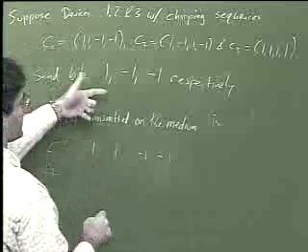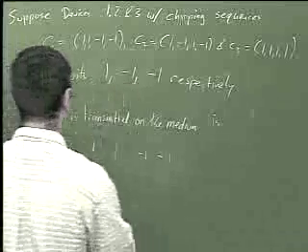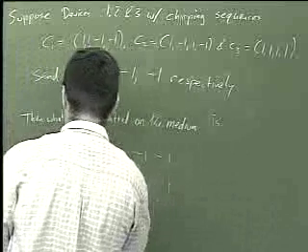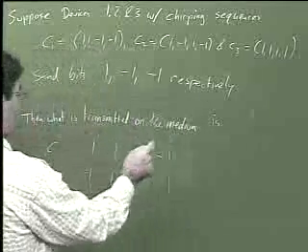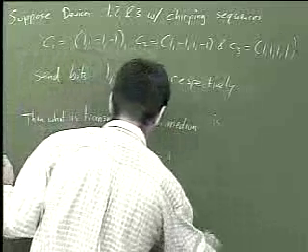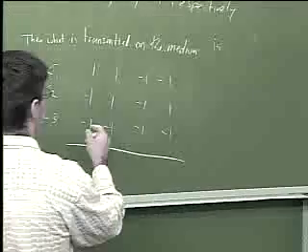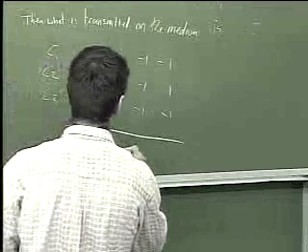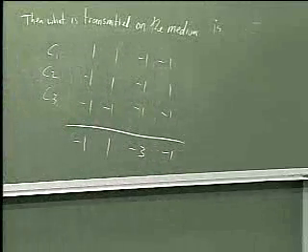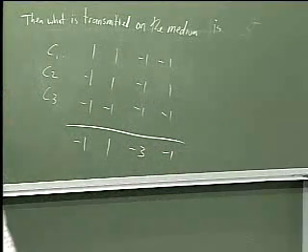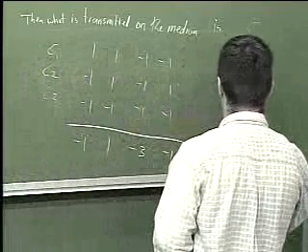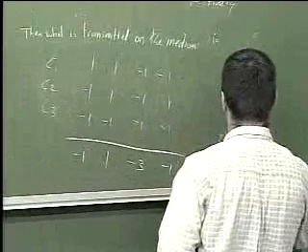C2 is going to send the negated value of its chirping sequence, minus 1, 1, minus 1, 1. And C3 is also going to send the negated chirping sequence, minus 1, minus 1, minus 1, minus 1. So what you get on the medium is going to be minus 1, 1, minus 3, minus 1. Okay, so this is what goes across the medium. This is the chirping sequence that traverses the medium.